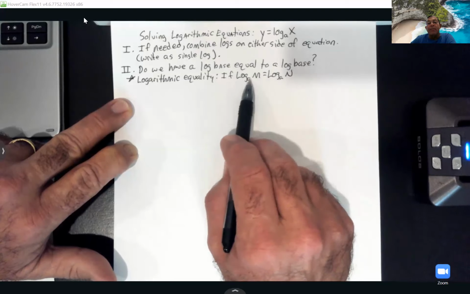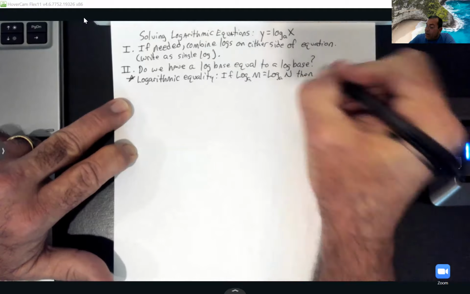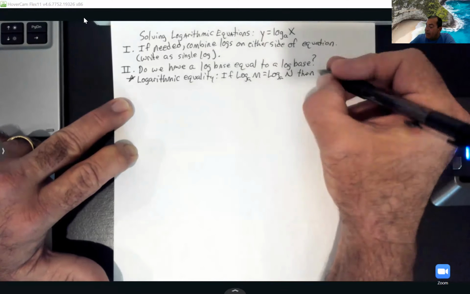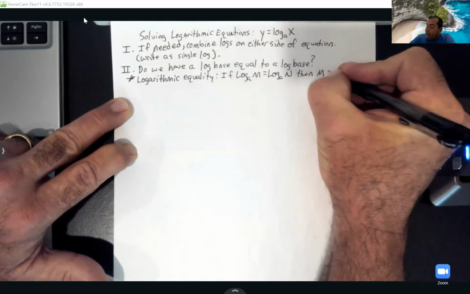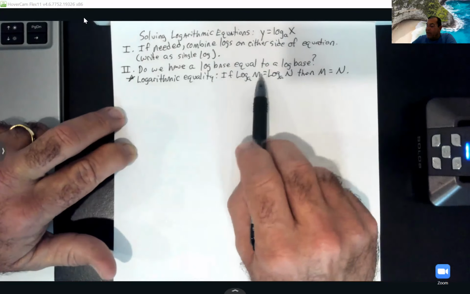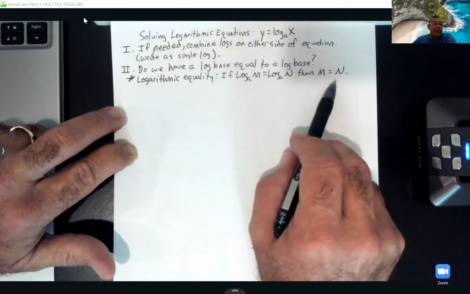If these bases match, then y'all, that means m has to equal n. And that's because these two sides are set equal to each other. Then by deduction, those two have to be equal, okay?